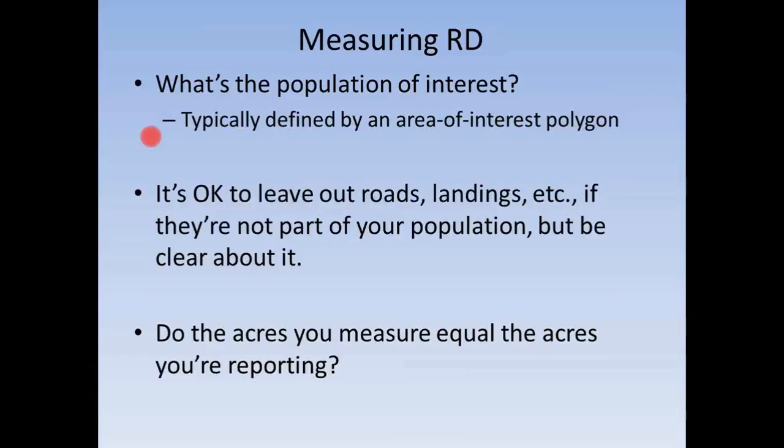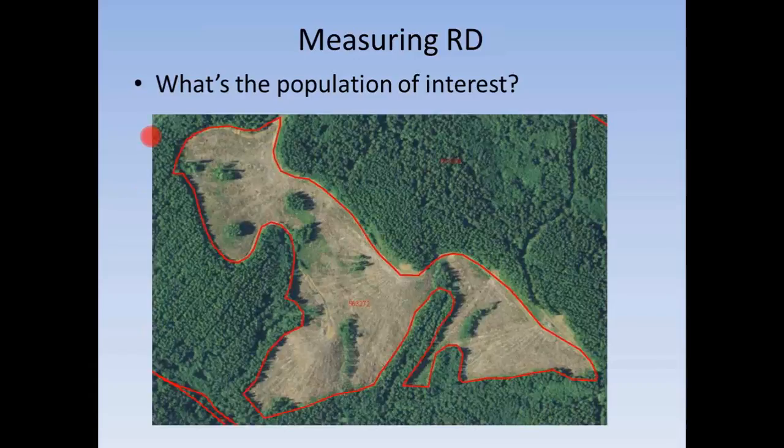So what's the population of interest? It's typically defined by some sort of area of interest polygon. I have people ask me, is it okay to leave out roads, landings, etc.? Should we just skip those things if we find them? And yes, if it's not part of your population, then don't measure it. But you have to be sort of transparent about this.